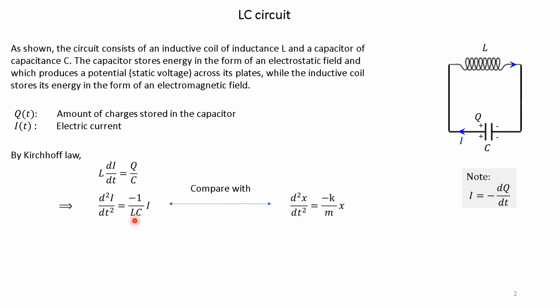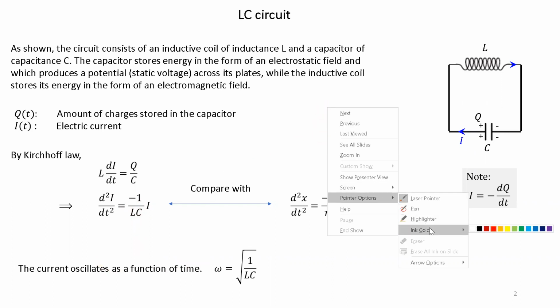But anyway, you know that in this case, the behavior of the current would be a sinusoidal function, and the frequency of that sinusoidal function will be given by this prefactor. So the current oscillates as a function of time.